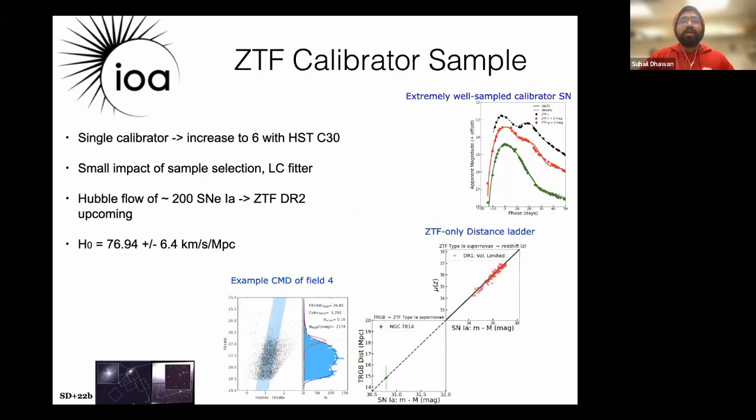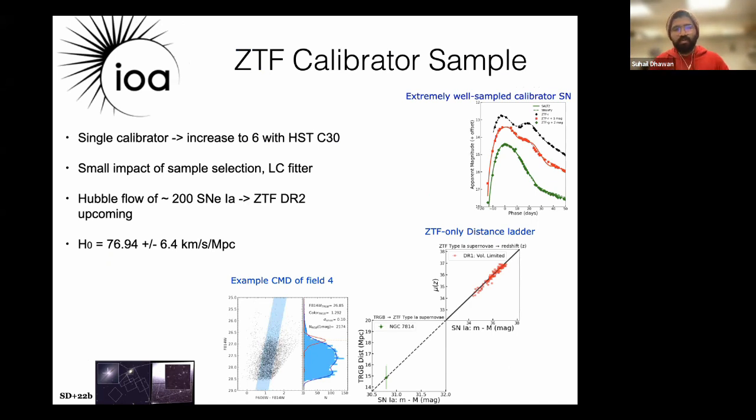So as I've mentioned, we have a Hubble flow sample that is around 700 type 1a supernovae in a small volume. And we also need calibrators.